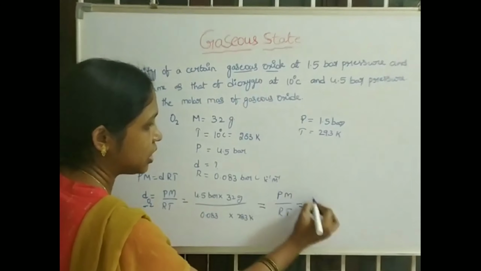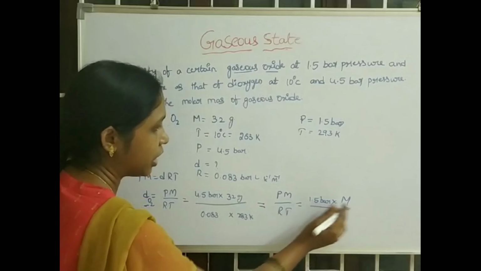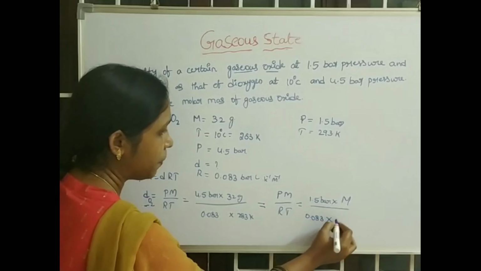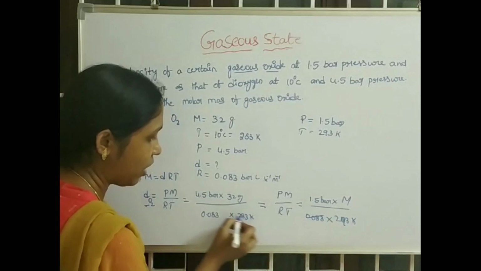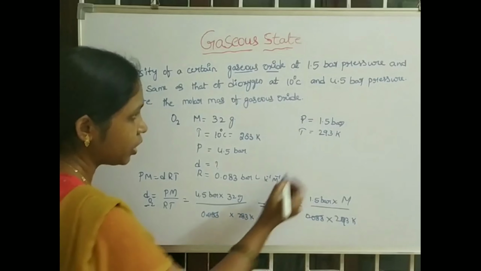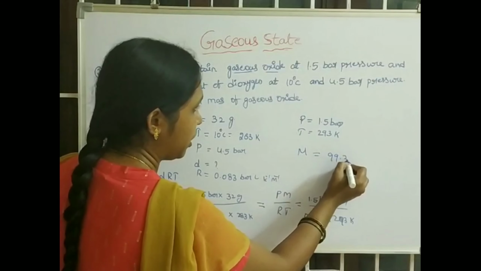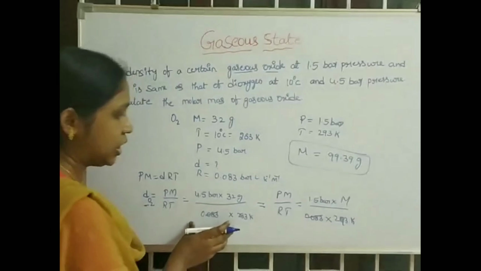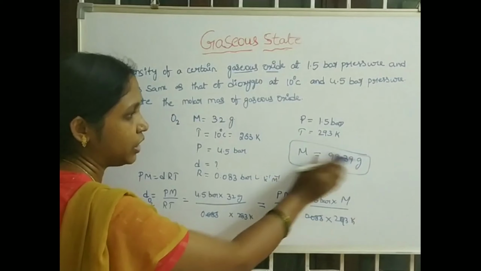So the pressure is 1.5 bar and the molecular mass is what we want to calculate now. R is 0.083, temperature is 293 Kelvin. So the R value cancels. Finally we get the molecular weight, that is 99.39 grams. If you want to calculate this, use a calculator. You will get the molecular weight 99.39.